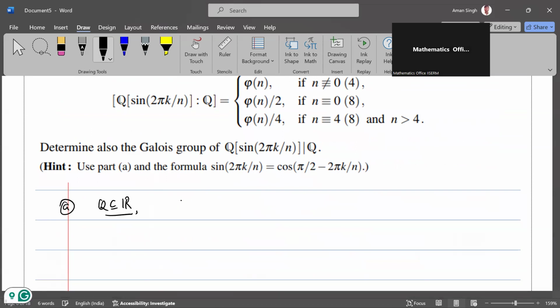Cos 2πk/n is also belonging to R. Now Q is a subset of Q_n also. Question is here: is cos 2πk/n belonging to R? If it belongs to R, I will just write what is happening.